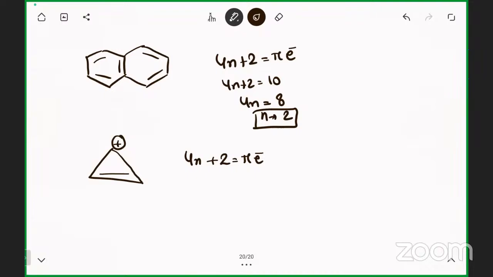How many pi electrons are present? 2, sir. Then 4n plus 2 equals 2, 4n equals 2 minus 2, 0. n equals 0. Is this compound aromatic, anti-aromatic or non-aromatic? Aromatic. This is aromatic. Very good.